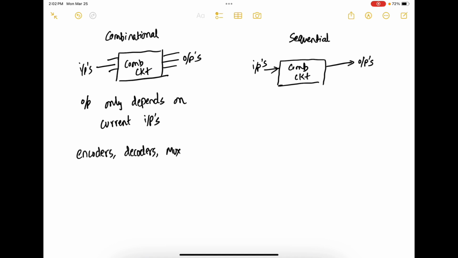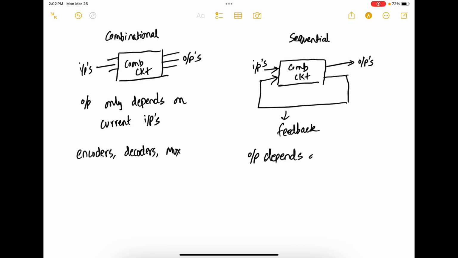But the thing with sequential circuits is you have a feedback. So this is the feedback part. So your output not only depends on your current value of inputs, but it also depends on the past sequence of inputs.